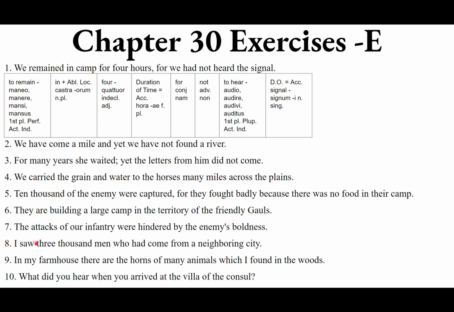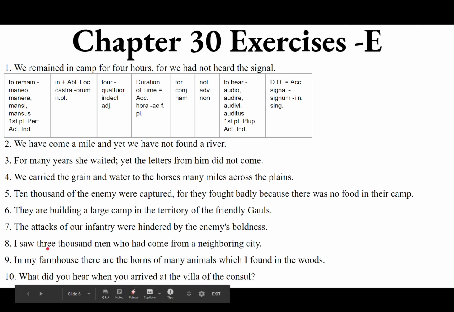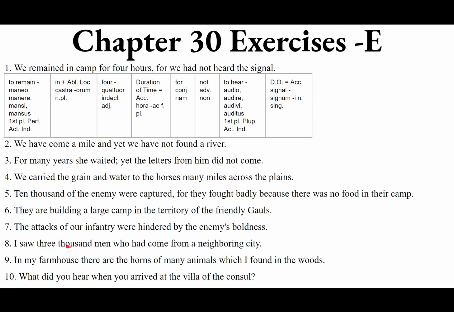So the main verb is saw, I did it, first person singular, perfect active indicative of video, videre, vidi, visus. Julius Caesar: veni, vidi, vici, I came, I saw, I conquered. So vidi. What did I see? I saw 3,000 men. Remember, you have more than 1,000. You have not just one, but three.